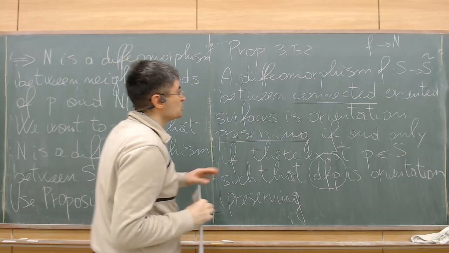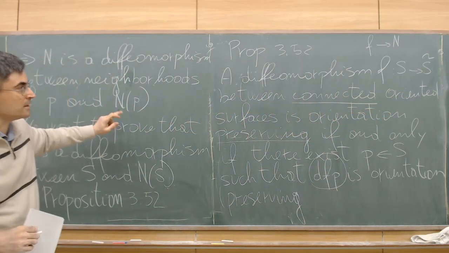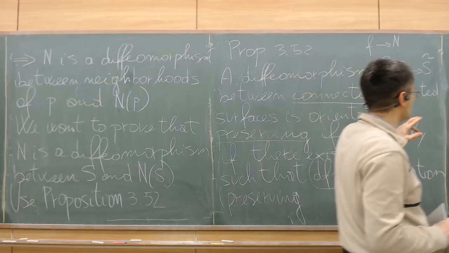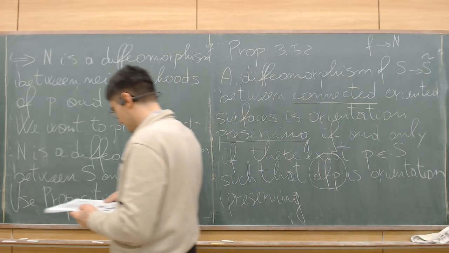The orientation for S is a choice of N. Instead, the orientation for S2 is the outward pointing normal unit vector.